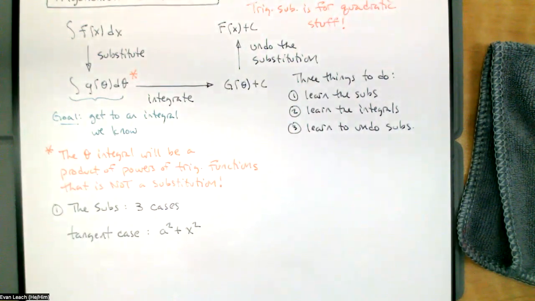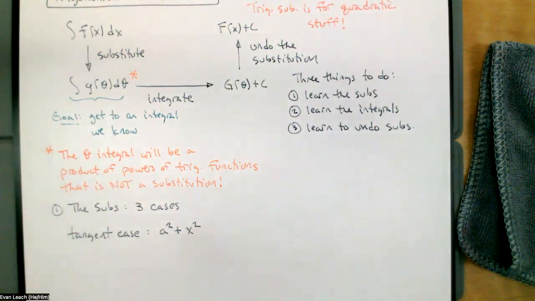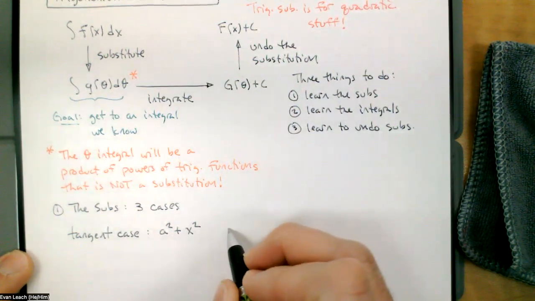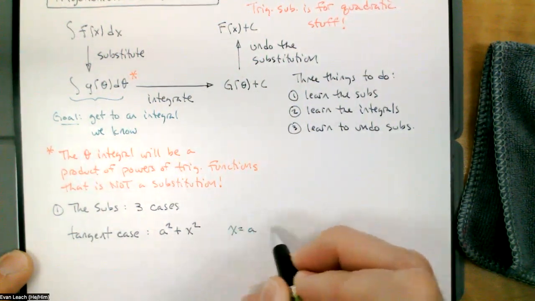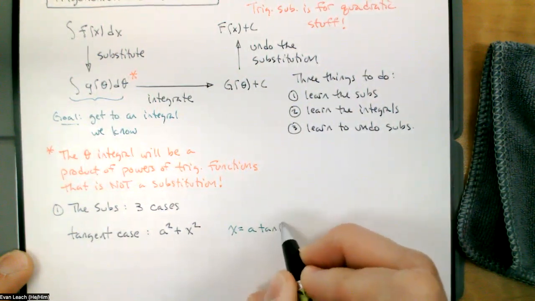The tangent case is the form a squared plus x squared. If we have an a squared plus x squared, the substitution that we make is x equals a tangent of theta.